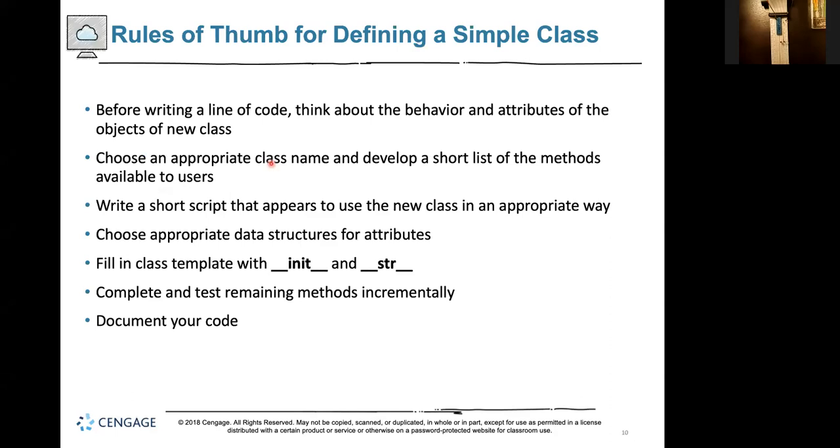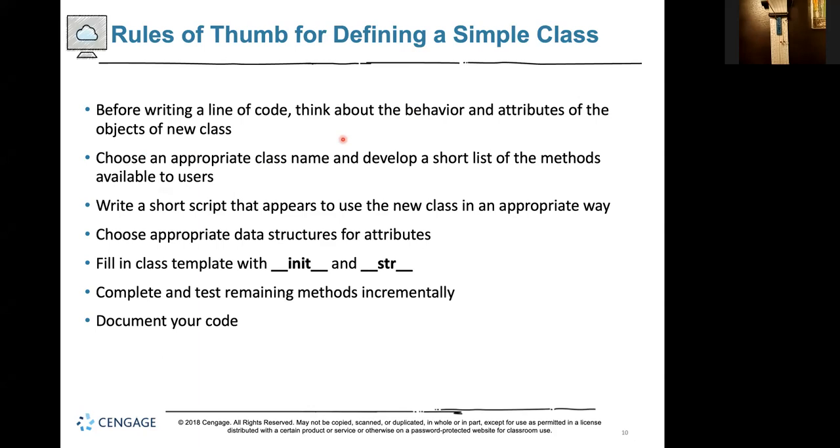So here are the rules of thumb for defining a simple class. This shows what you might usually do when you write a simple class. You want to think about the behavior and the attributes of the objects.